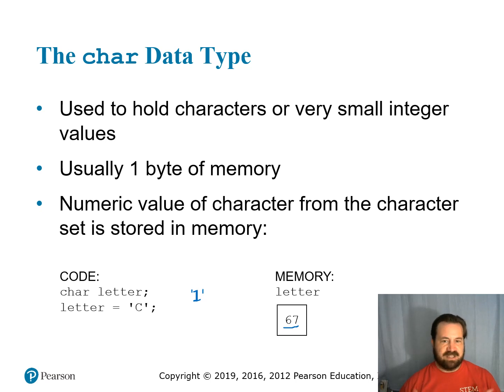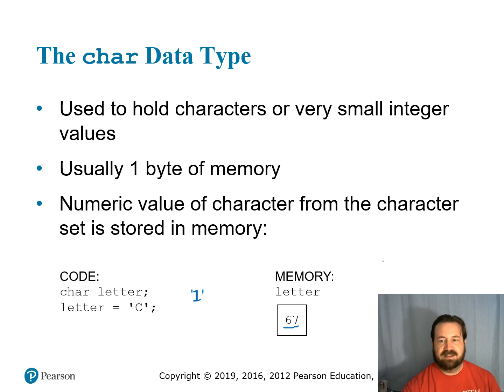Newer languages like Java and C# use Unicode to represent all of their characters, but C++ is still tied to this 256 value character system. So you can't use, for example, the Greek letter pi in your code.